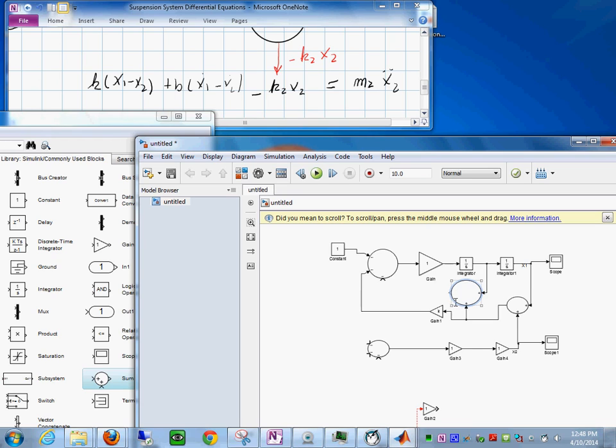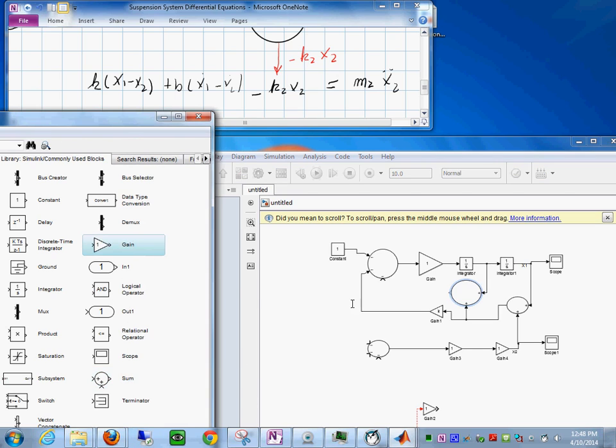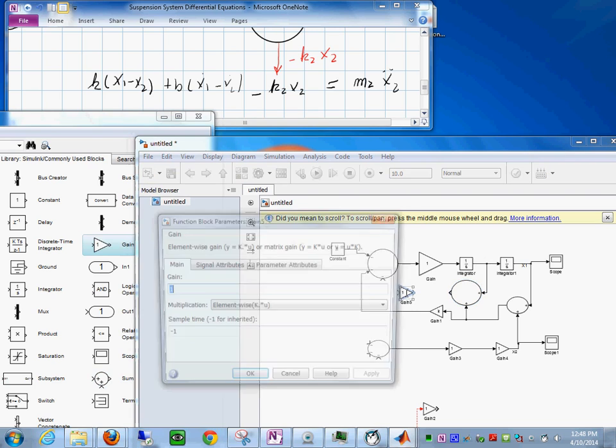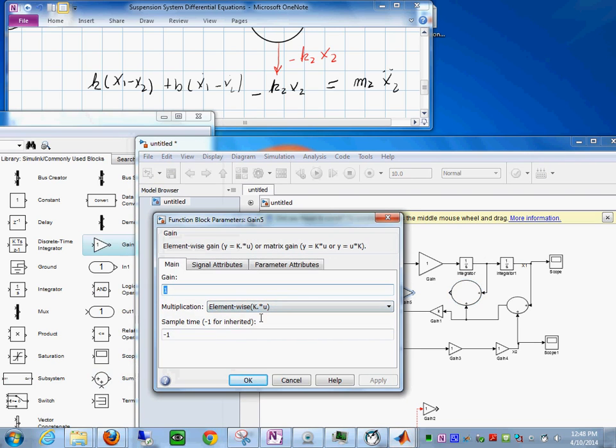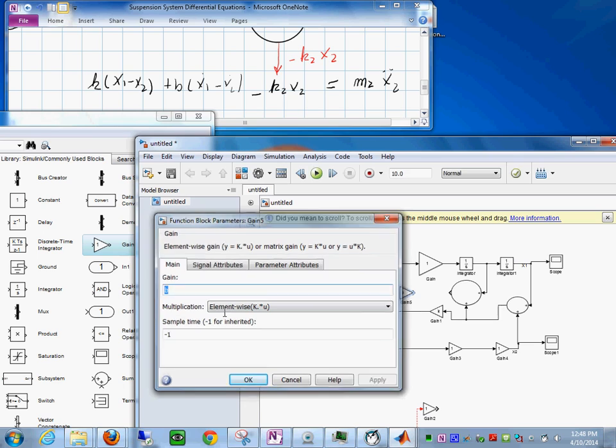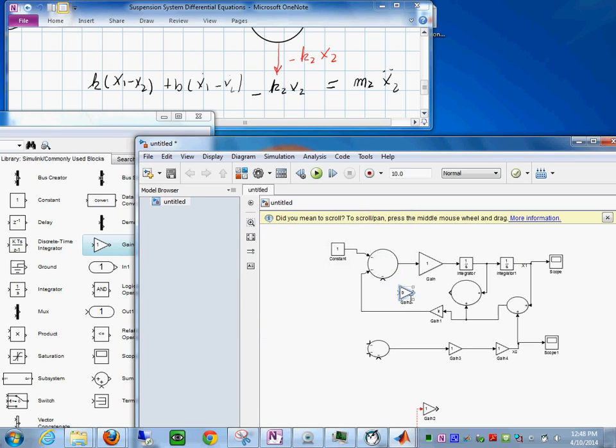So we have the velocities difference, and that too has to go through a gain, which in this case is B. Yeah, gain is B. Okay, so this one in here we have to invert it too.